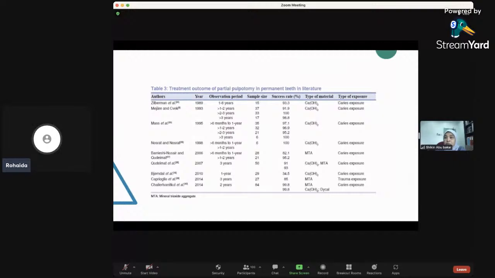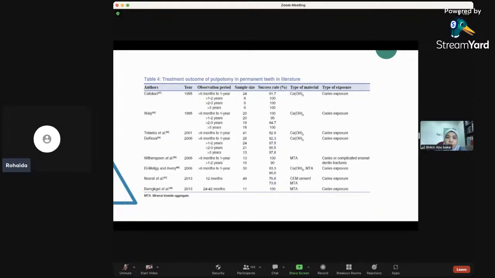But again, we have to read this carefully because of a few factors, like the method of their caries removal, open or closed, which doesn't mention. But basically, generally we see it's a good outcome of the treatment.